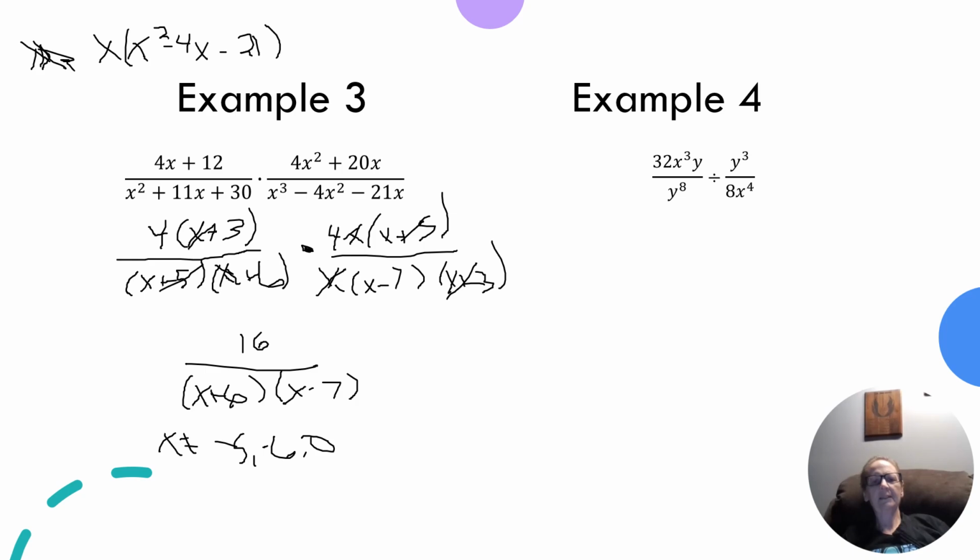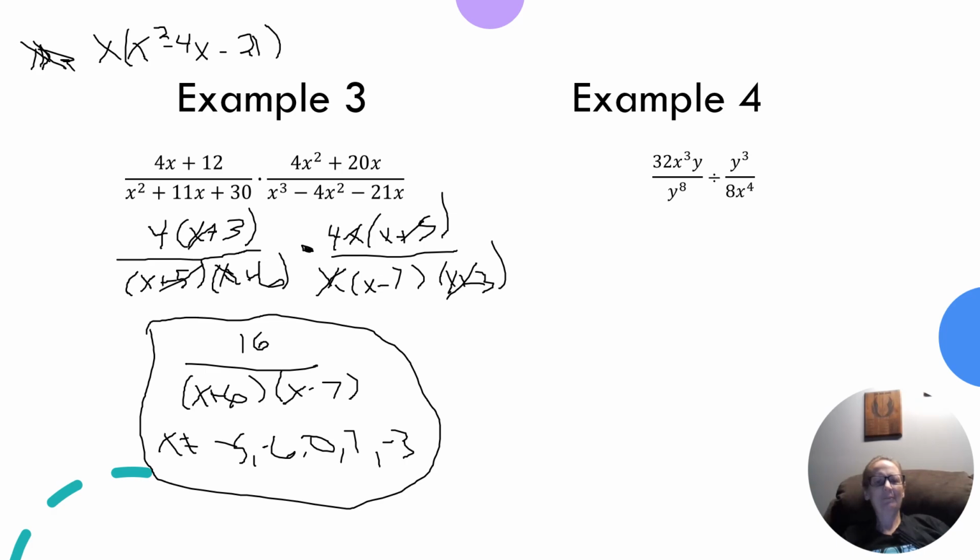What makes x minus 7 0 is 7. And what makes x plus 3 0 is negative 3. So it can't be any of those numbers. So that's a lot of numbers, right? It's negative 5, negative 6, 0, 7, negative 3, sorry. So yeah, lots and lots of excluded values in that one.